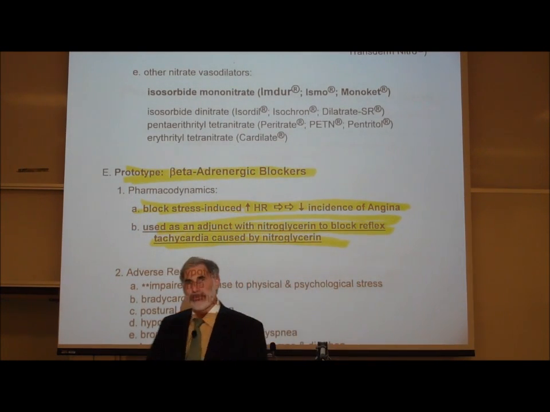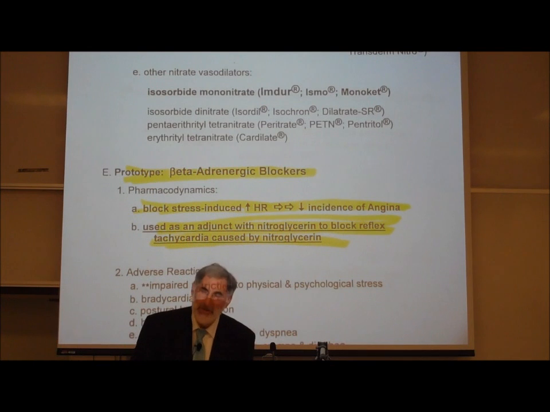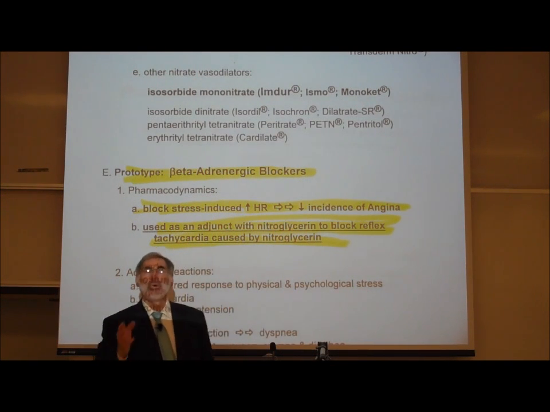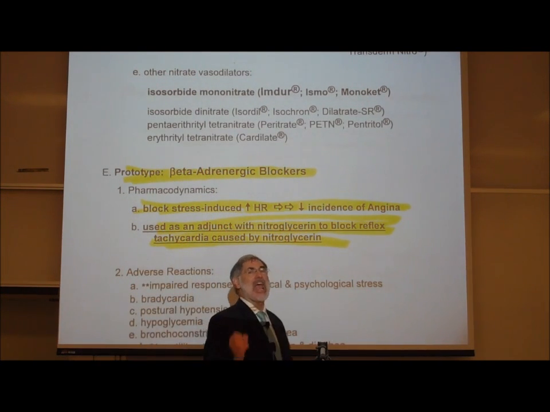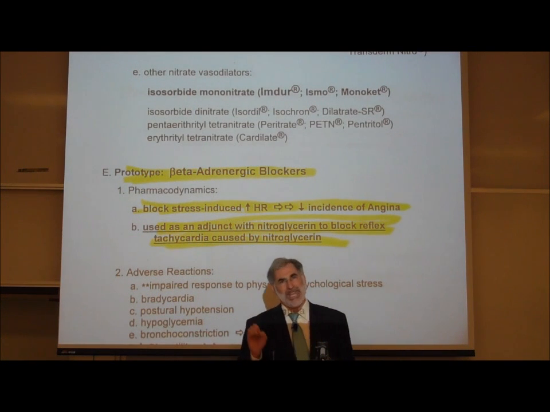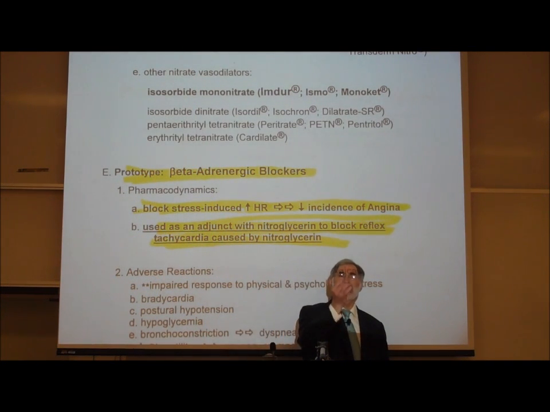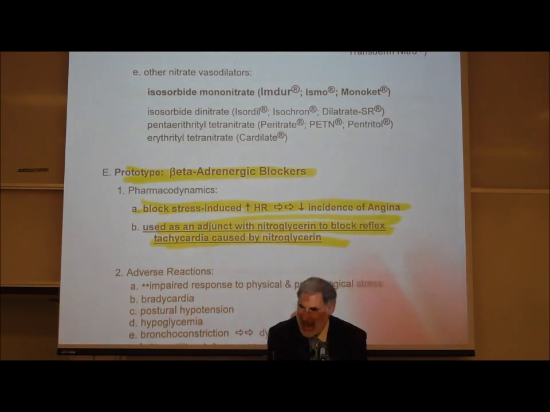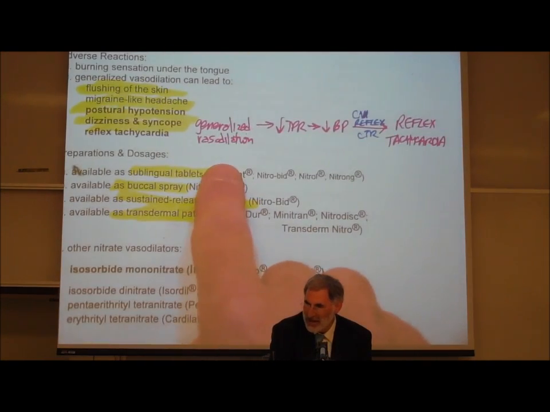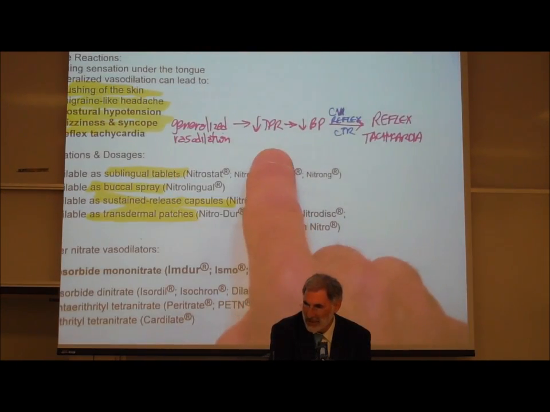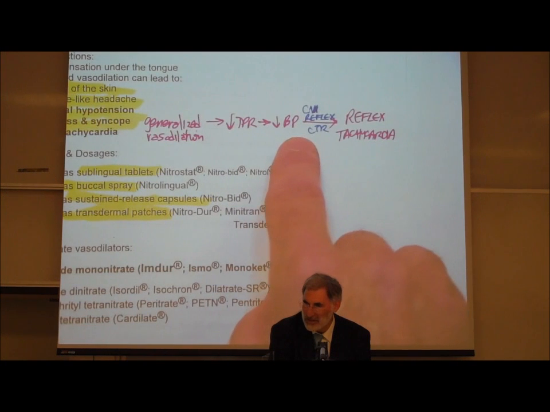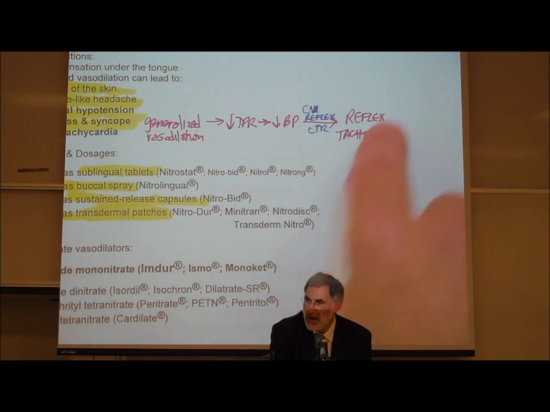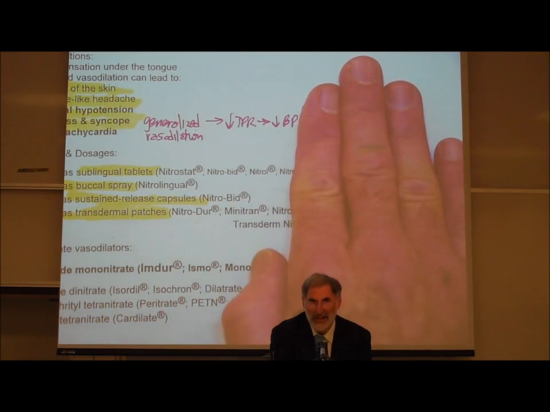So I had mentioned previously that almost anybody who takes nitroglycerin will also be taking a beta blocker simultaneously. That way, when they take their nitroglycerin, and the nitroglycerin causes generalized vasodilation, lowering their peripheral resistance, dropping their blood pressure, there will be no reflex tachycardia.